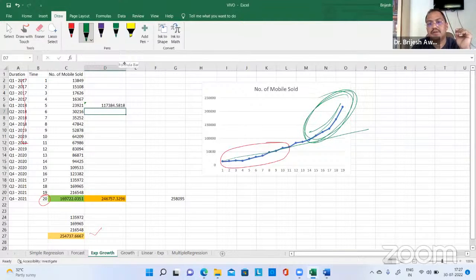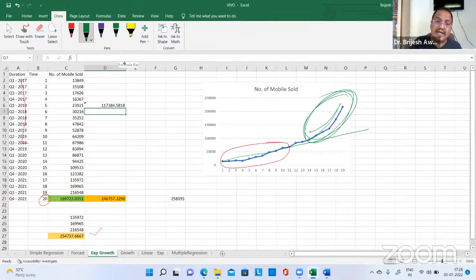We missed it. So when we talk about forecasting, we take the entire data and try to understand the pattern, and sometimes we have to eliminate some data and focus on the important data. From this I can say there is exponential growth.